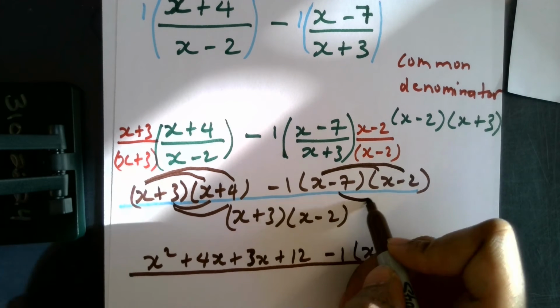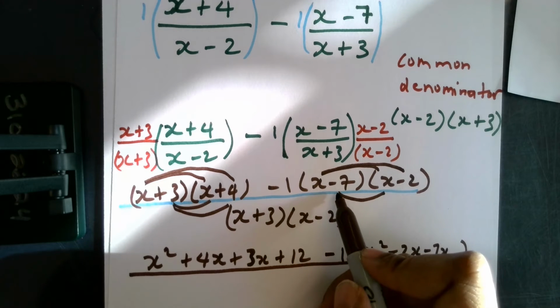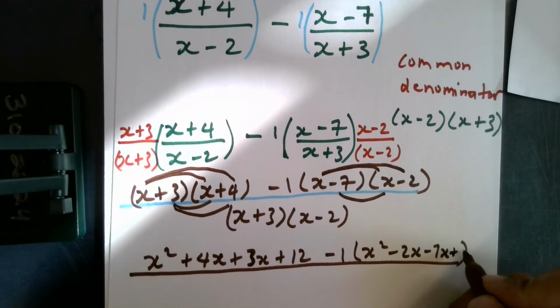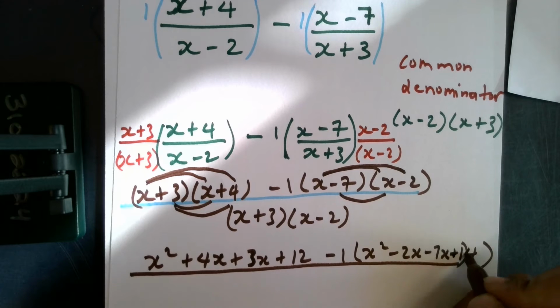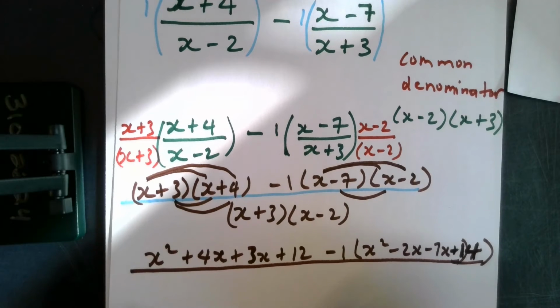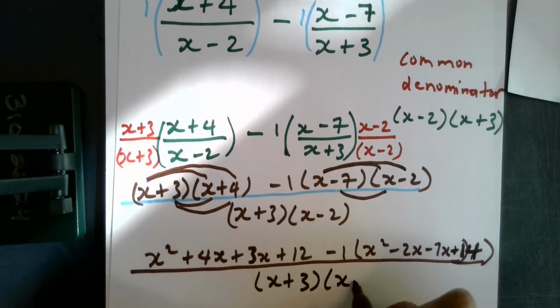Negative 7 times x, negative 7x. Negative 7 times negative 2, that's a plus 14. Plus 14, alright? Please forgive me for my messy handwriting here. All over x plus 3 times x take away 2.